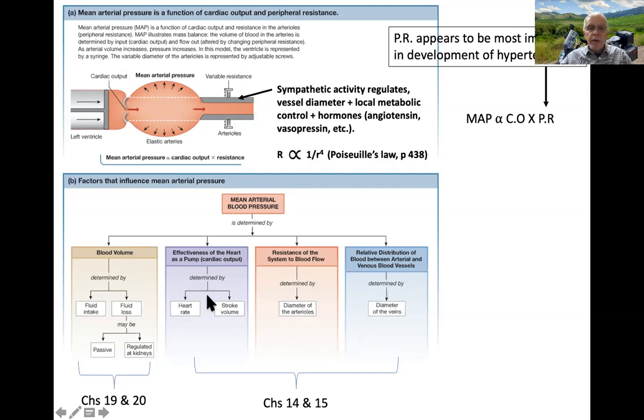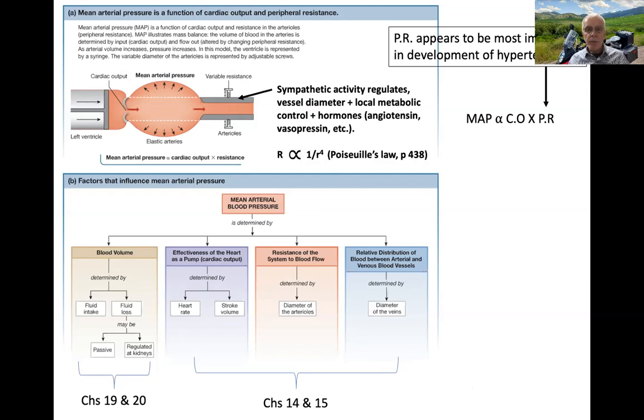Each of these various factors, the heart as a pump, the resistance of the vessels, all of that is going to involve discussions throughout chapters 14 and 15. So to explain all of this, I can think of at least 4 different chapters that are going to have to be relied upon to explain that to you. So I will do that, but I can't do it in just a couple of sentences. It's going to take some time to get through that.